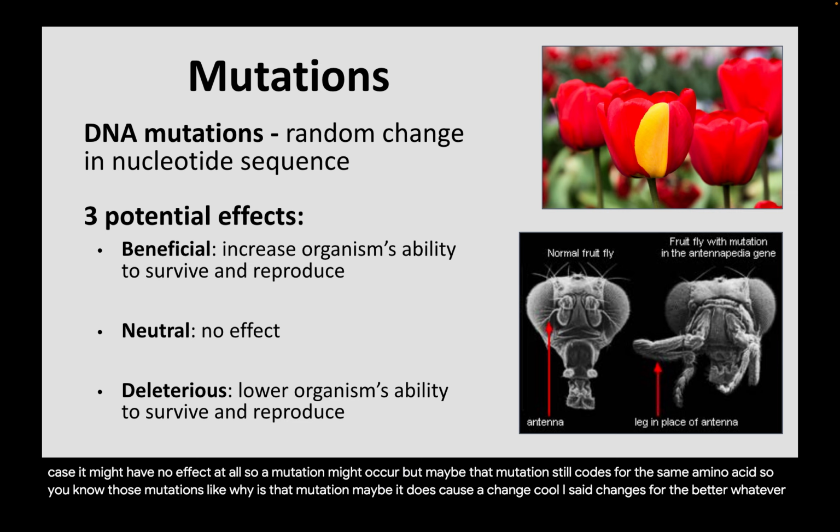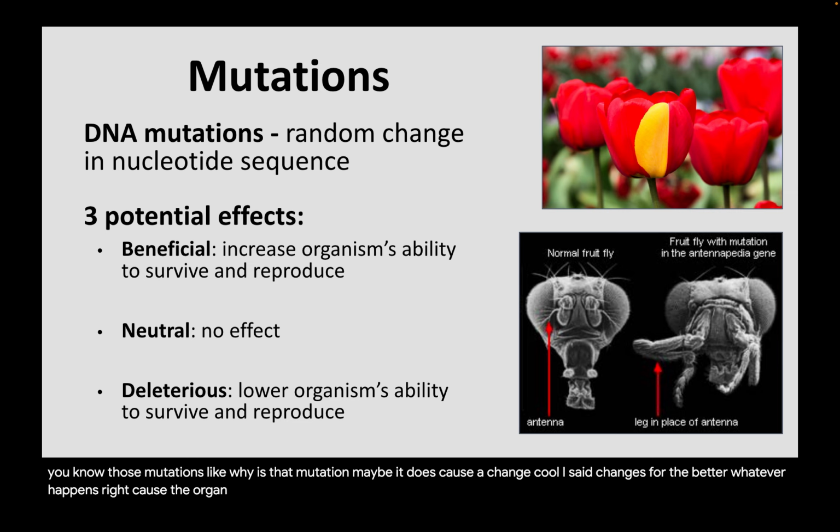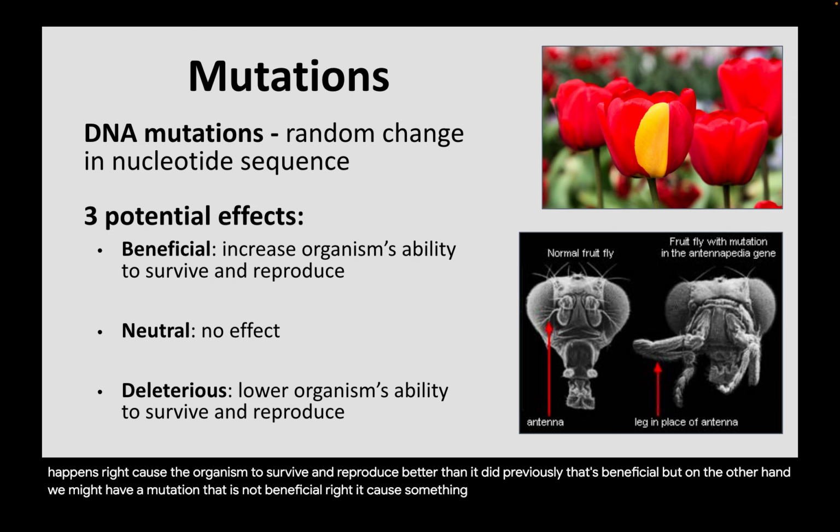Whatever happened, right, caused the organism to survive and reproduce better than it did previously, right? That's beneficial. But on the other hand, we might have a mutation that is not beneficial, right? It caused something to happen that lowers the organism's ability to survive and reproduce.